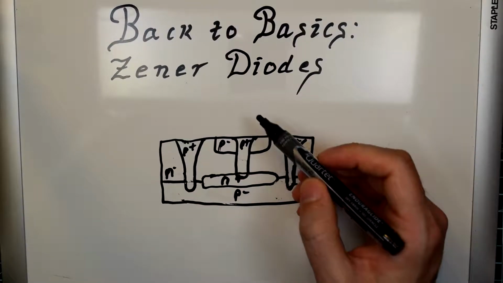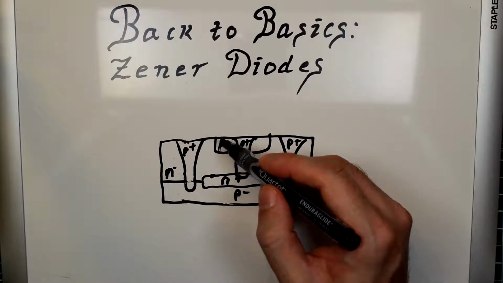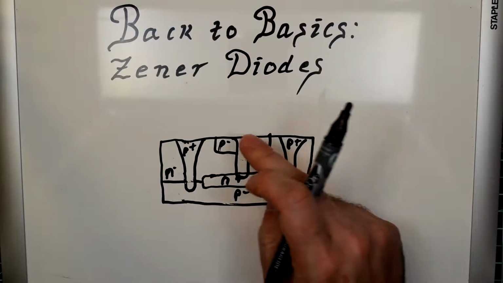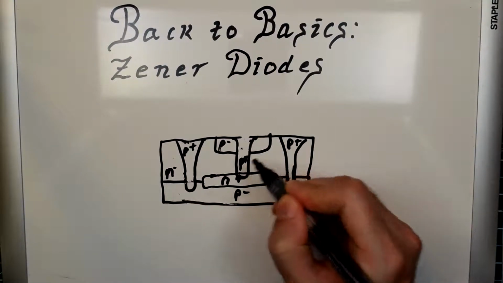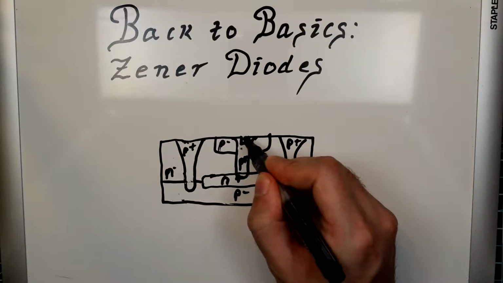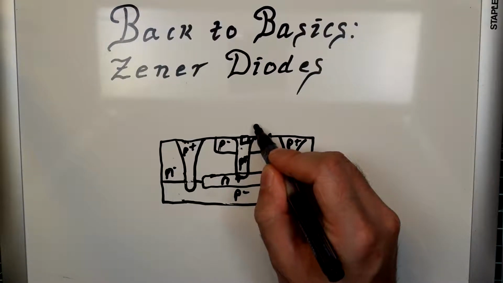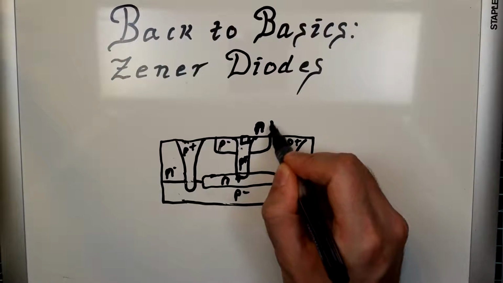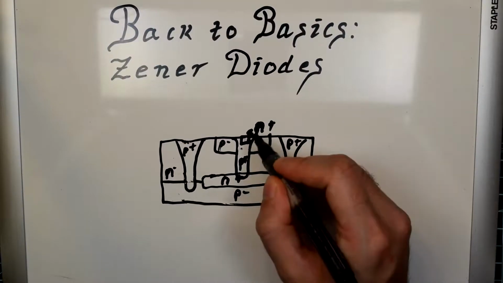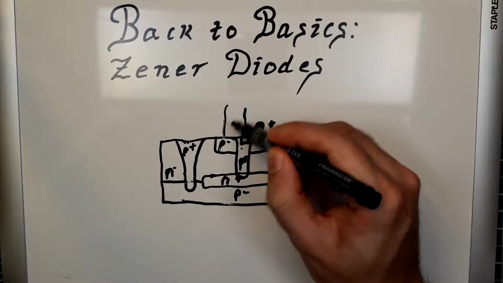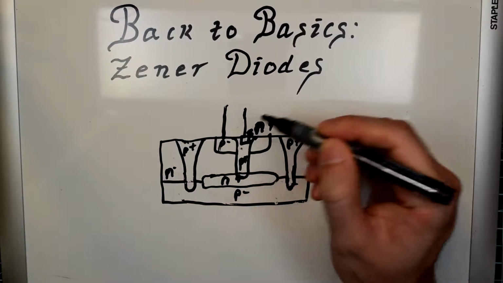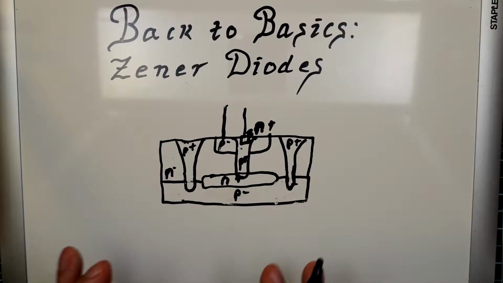And then, P plus, and then there's just a little tiny nubbin here of N plus right here. I really need sharper markers. And then you have the electrodes coming out of those 2 points there. So that's what a modern Zener diode looks like on the inside, the construction.